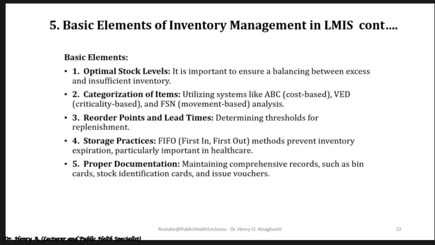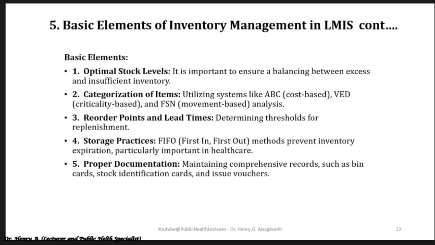Number two, categorization of items. Here we use classification systems like ABC, VED, and FSN analysis. Now we'll look at them one by one. For the ABC, always better control. It classifies items by cost.